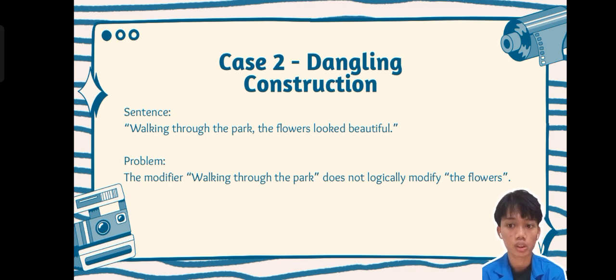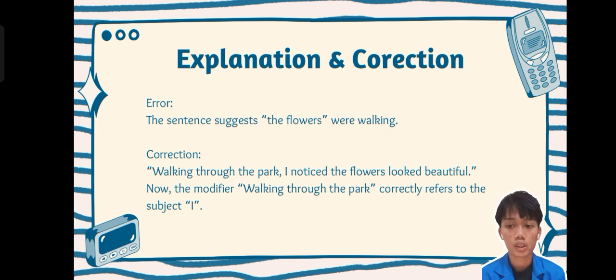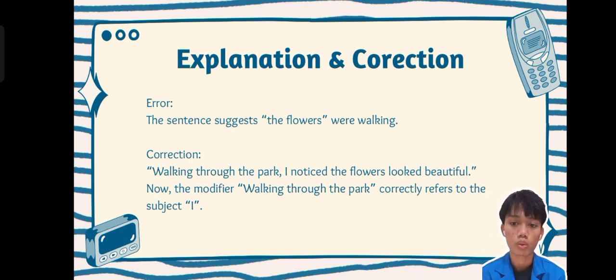It mistakenly suggests that the flowers were walking. So to fix this, you need to make the subject and modifier logically connected. The correct version is: Walking through the park, I noticed the flowers look beautiful.